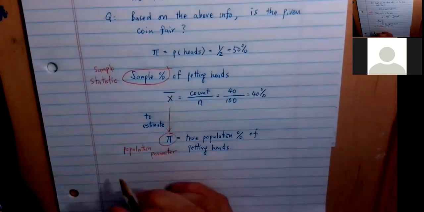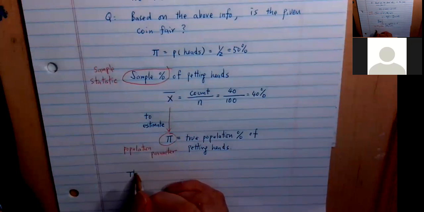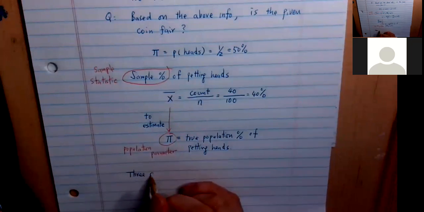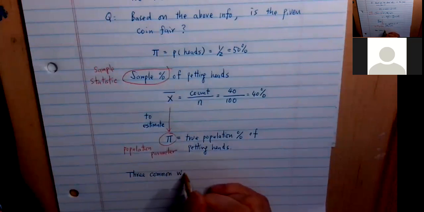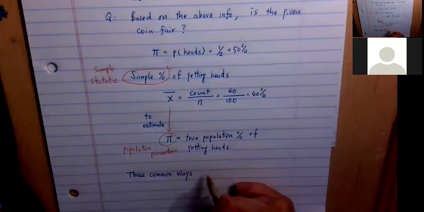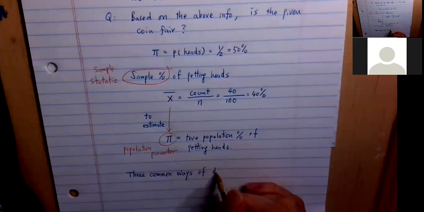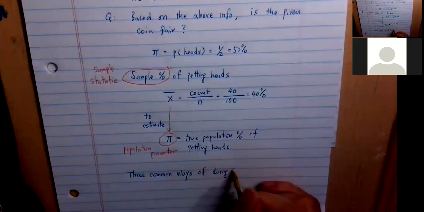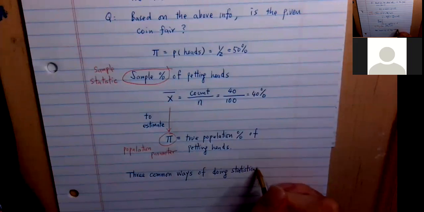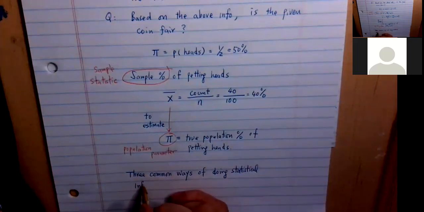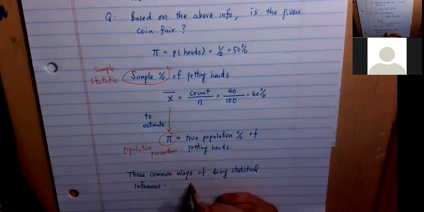And there are three common ways of doing statistical inference. A, point estimation.